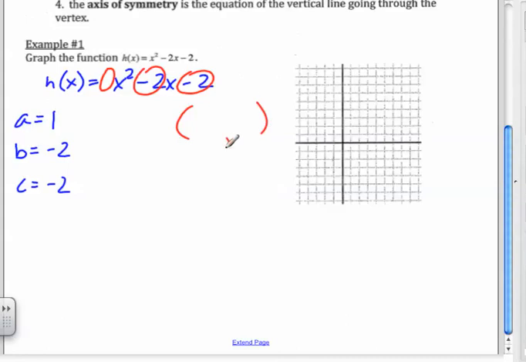The x-coordinate of the vertex is -b over 2a. So now I'm going to write parentheses and plug in the right values. B is -2. So, Joe, that's going to make it turn back positive, right? And then a is 1. So when it simplifies, that's going to give me 2 over 2, which is equal to 1. So the x-coordinate of the vertex is 1.